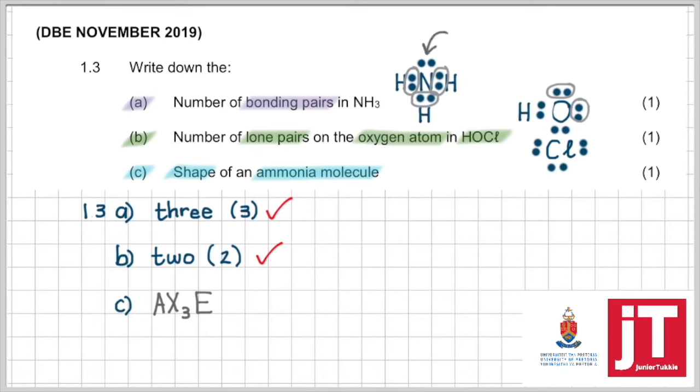And we have 1 lone pair on the central atom. We only care about lone pairs on the central atom, which in this case is nitrogen. So we just write down E. You could write E subscript 1, but it's not necessary. And using this completed general formula, we know that the shape of the ammonia molecule is trigonal pyramidal.